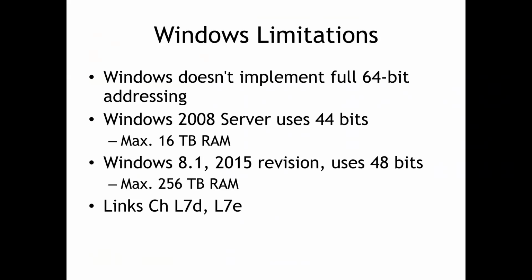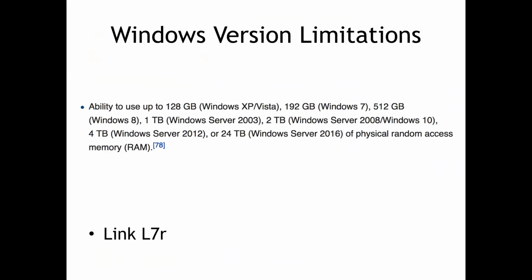So Windows 8, for example, in principle uses 48 bits, so it could address up to 256 terabytes of RAM, but there are other limitations. And if you look at the different versions of Windows, you'll see none of them go higher than 24 terabytes of physical RAM you can actually use. And the actual amount of RAM you can refer to within one process is also smaller, and this has been true in all of the earlier versions of Windows too. There are many different limitations at different levels.